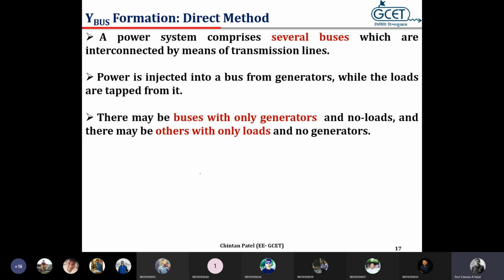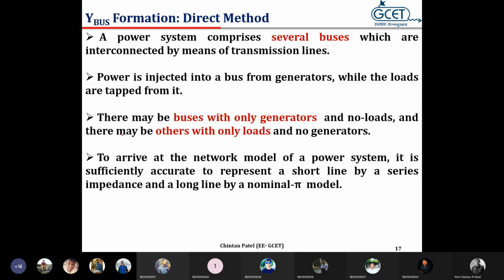So depending upon each transmission line, depending upon which conductor is used and the length of the transmission line, their entire impedance will be different. As the impedance is different, the admittance of the transmission line will be different, right?